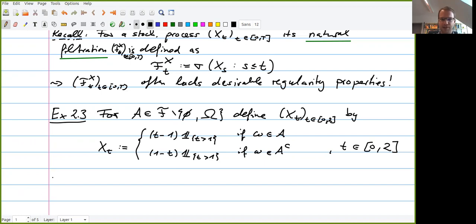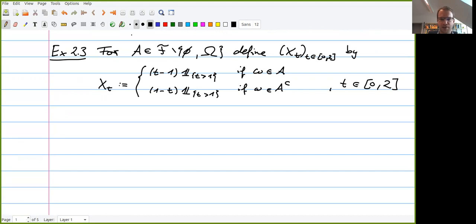Let's draw a picture of how this process looks like. Here we have somewhere 1, here we have 2, and here we have 1 and minus 1.